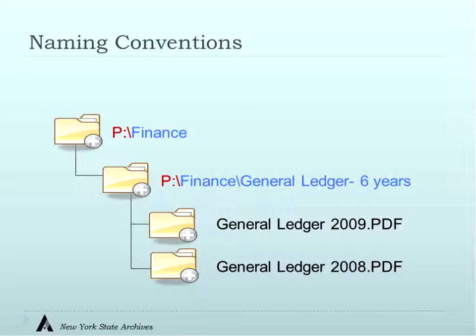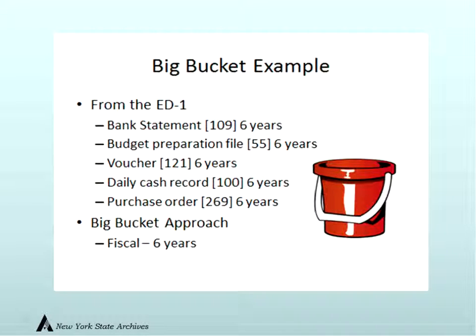Another strategy for managing electronic records involves the application of a method called big buckets to your filing and retention strategy. Big buckets was developed by the National Archives and Records Administration, and it was created to simplify retention by addressing records at a level higher than the individual record series.